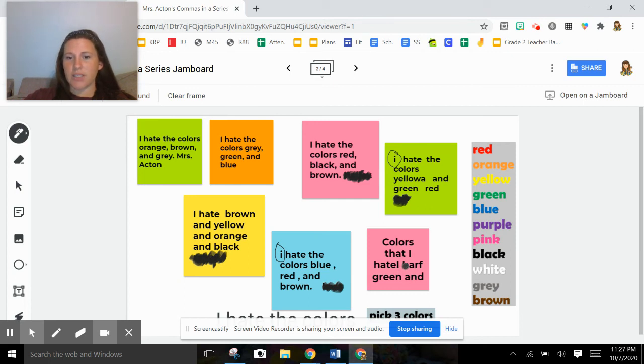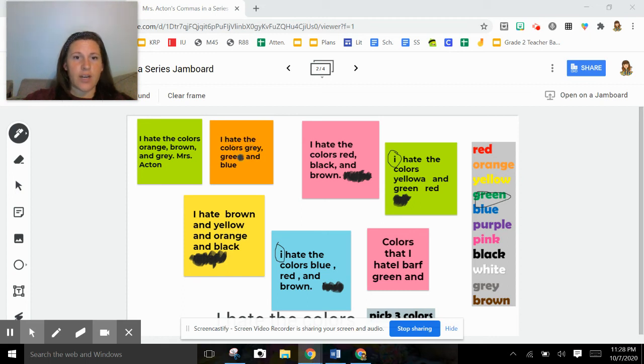This one says, I'm assuming they're trying to say colors that I hate: barf green and, well, you chose green, fantastic, and you were more detailed and said barf green, which adds some goofiness to your sentence, which Miss Acton loves. I appreciate that. But you only chose one word. And when you look down here at what you're supposed to be doing, you're supposed to pick 3 colors to go into this.